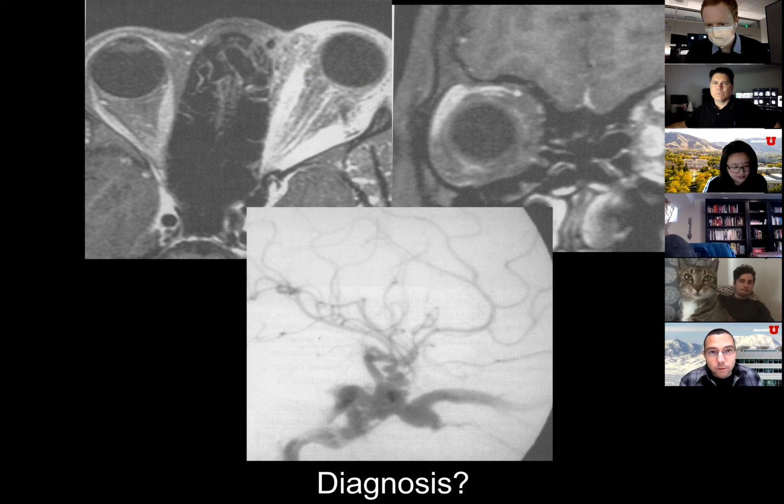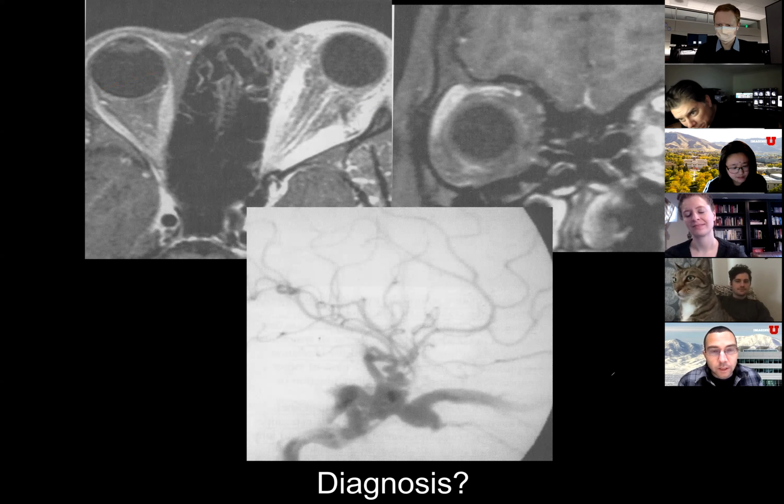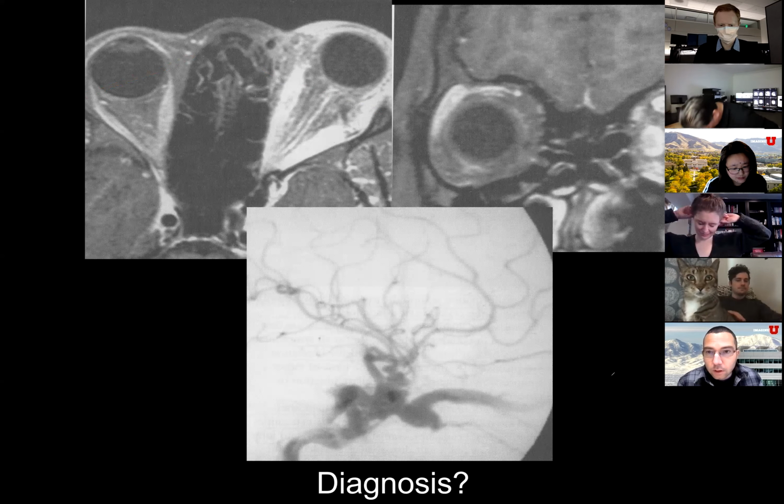Is the eyeball in the right place? No, there's proptosis, exophthalmos. So there's something pushing it out. There's lots of edema, lots of soft tissue, both preseptal and postseptal.